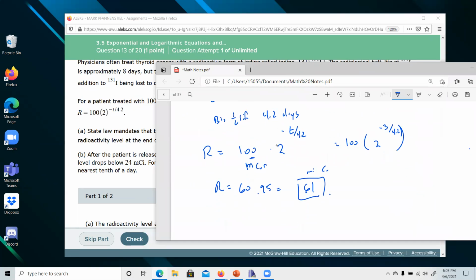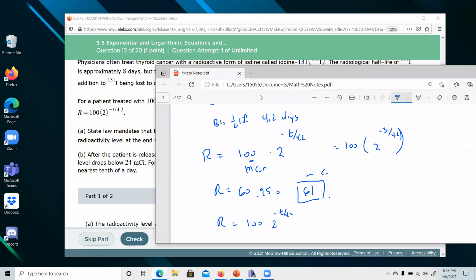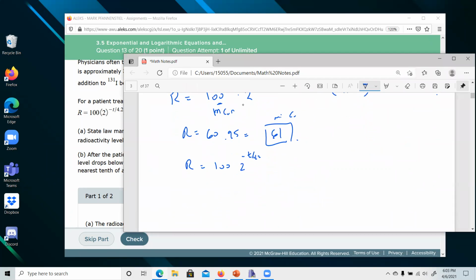So here we have R is equal to 100 times 2 to the negative t over 4.2. They want the radioactivity to be 24 millicuries. So we're going to put in 24 is equal to 100 times 2 to the negative t over 4.2.